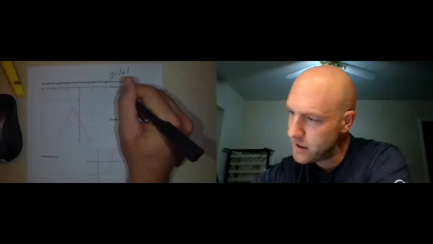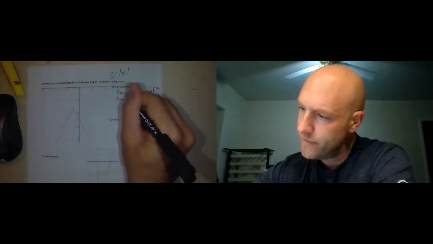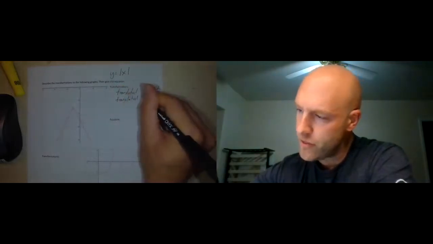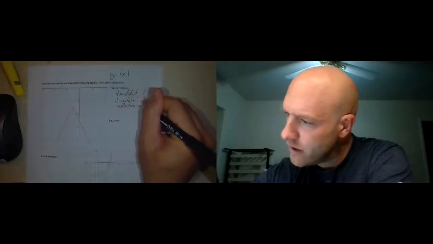This one clearly got translated, in fact 1 to the left and 3 down. Y equals absolute value of x is a V, but a V pointing upward. This one's pointing downward. Looks like a reflection over the x-axis.